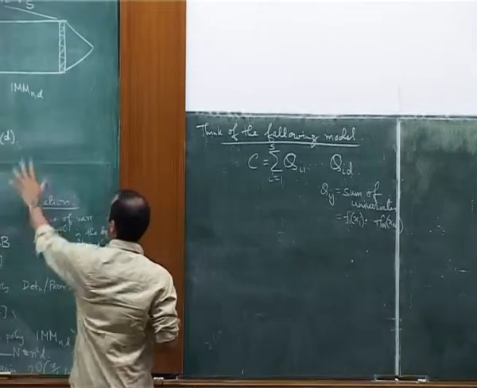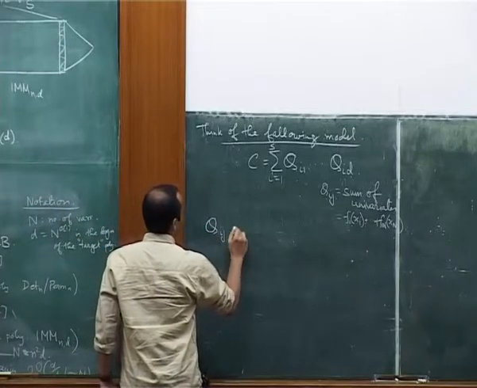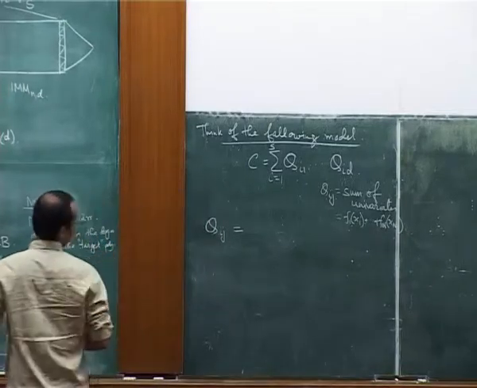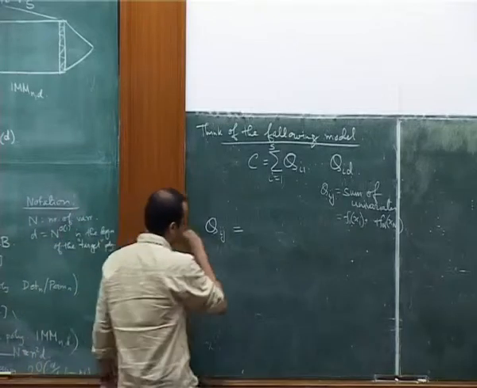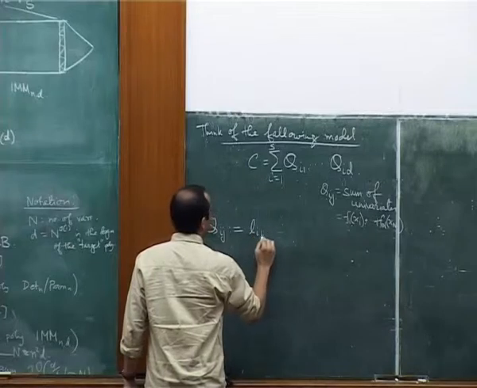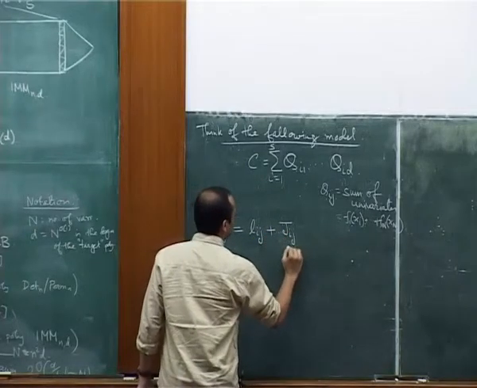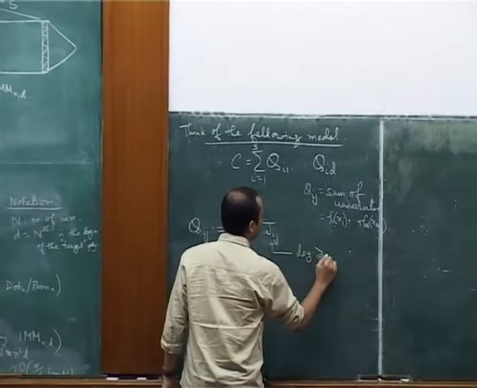I want to use this over there. So you see that Qij looks like a linear polynomial plus some supposedly junk part, which is basically the degree greater than or equal to 2 part.